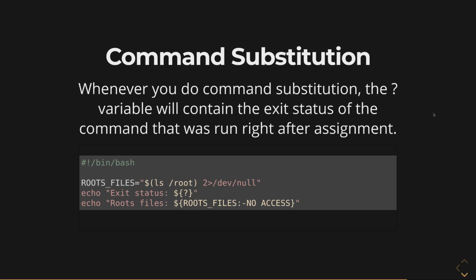Of course, if I try to run this as an ordinary user, I should get an error. Now, what we've also done here, if you remember from yesterday, we've redirected the output from standard error to /dev/null. What does that mean? That means that if ls tries to print any error output, we're just discarding it. We're just redirecting it to the null device.